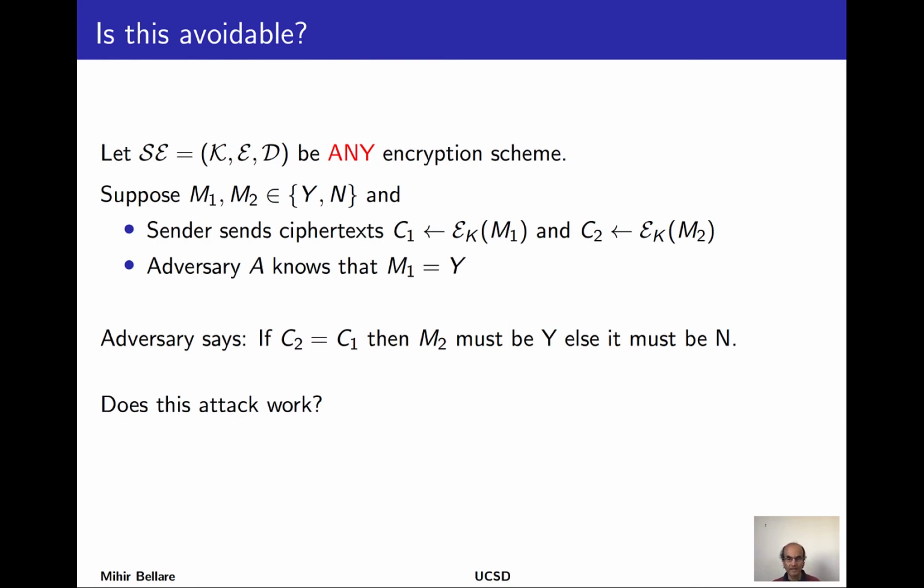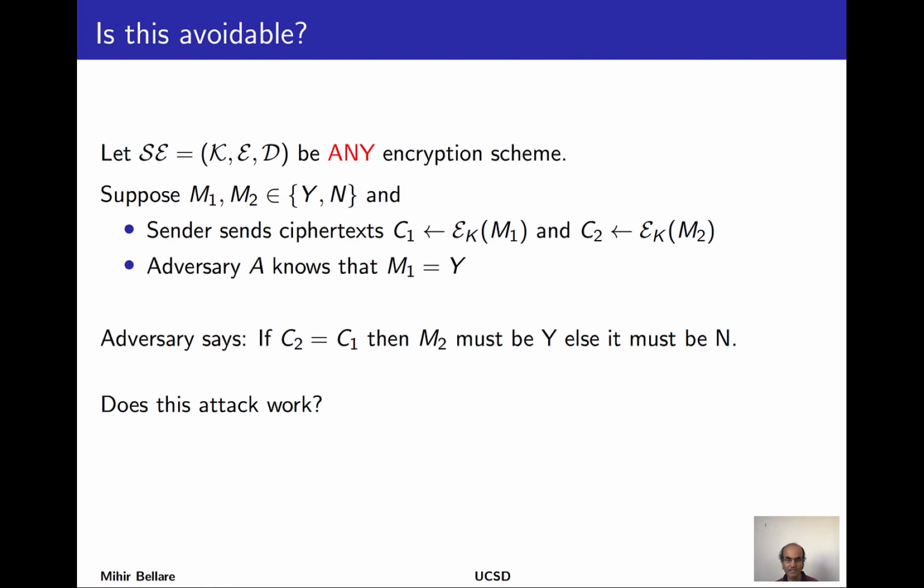Okay, but then one might think one has hit an insurmountable stumbling block, because why isn't it the case that this attack actually works for all encryption schemes? So take an arbitrary encryption scheme, and again, suppose I want to use it in a setting where the only possible messages are yes and no. And the sender is transmitting two ciphertexts, one encrypting M1, the second encrypting M2, under a key K that's unknown to the adversary.